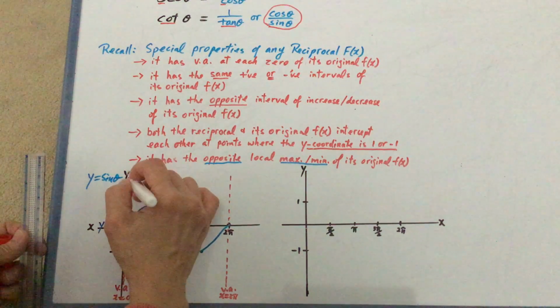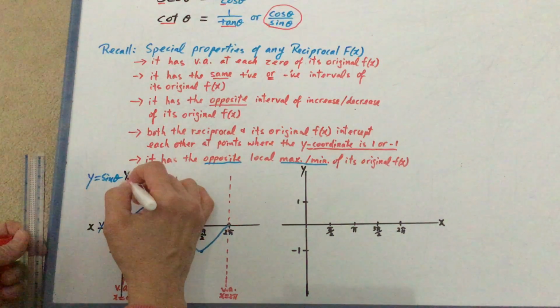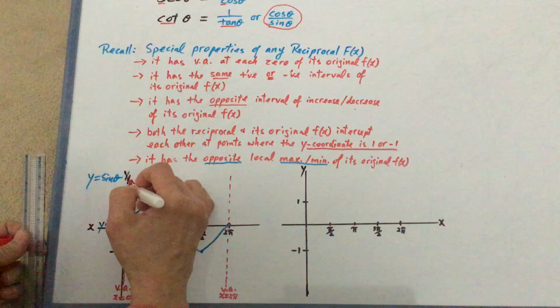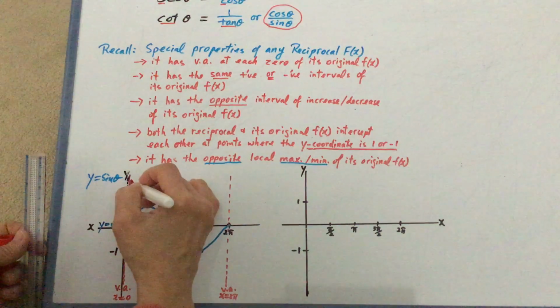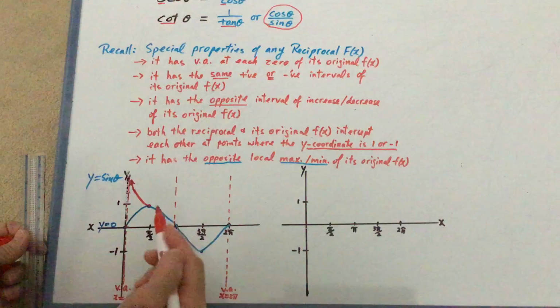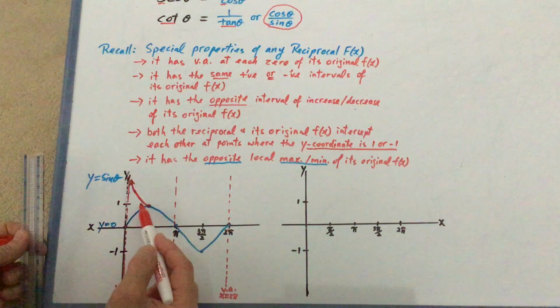Because I have a vertical asymptote here, my curve is going to be approaching the vertical asymptote, with an interval of decrease, intersecting its original at that point, where the y-coordinate is equal to 1.